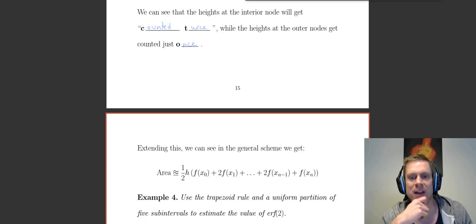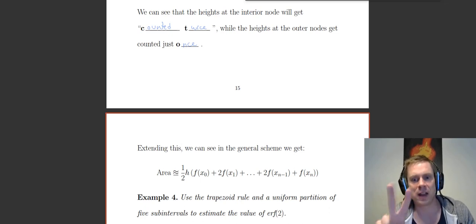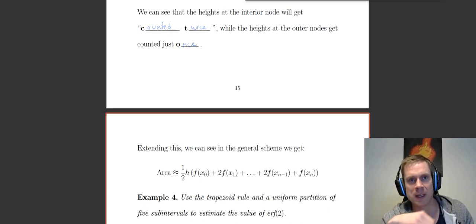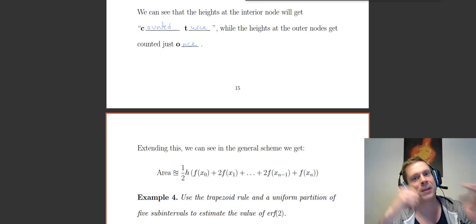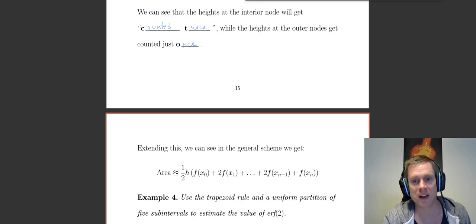All of the ones in the middle get counted twice, and that's what the formula gets born from: 1/2 h times f of x0 plus 2 f of x1 plus 2 f of x2 plus all the way through plus 2 f of xn minus 1, but then the last one is just a regular f of xn, okay? That's how to extend the trapezoid rule forward, and we're going to apply that to an example.